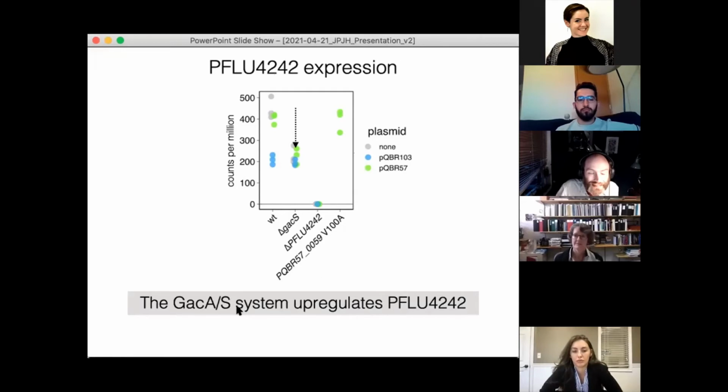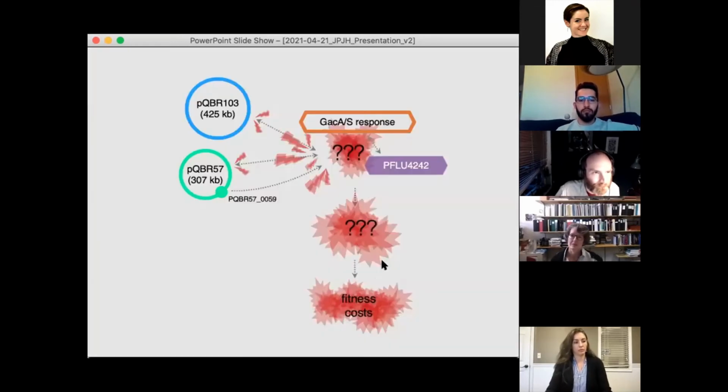What this means is that the GAC-AS system is upregulating PFLE4242. So knocking out the GAC-AS system basically helps resolve the cost of plasmid carriage because we're removing this other element which is important for plasmid fitness cost.